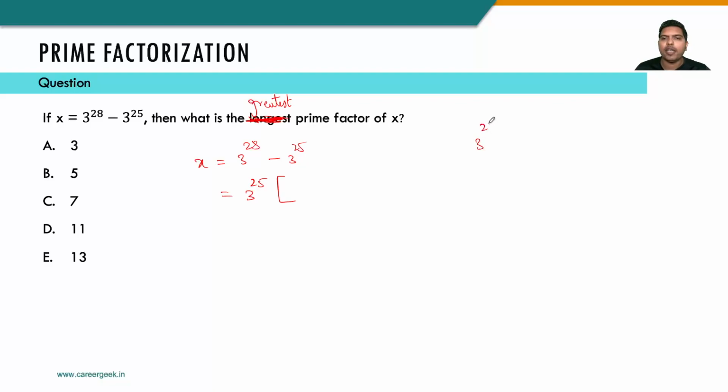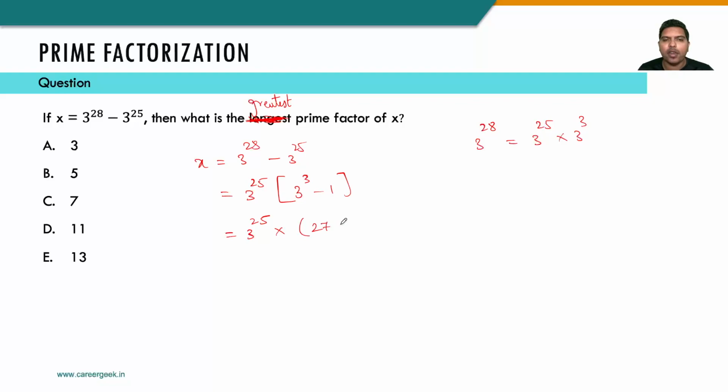Because 3 power 28 is 3 multiplied 28 times, right? So I can write it something like this. We'll see this in the exponents part of it. 3 power 28 is 3 power 25 into 3 cube. So what remains is 3 cube minus 1. Now what is 3 cube?